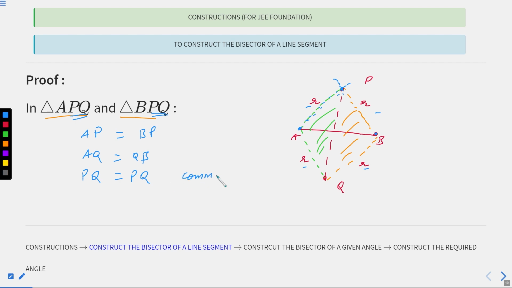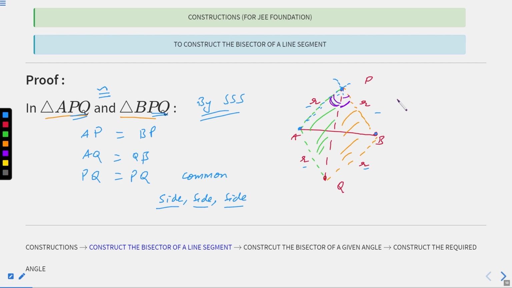Now, by the side-side-side property of congruency, we can say that both triangles are congruent to each other by the SSS rule.